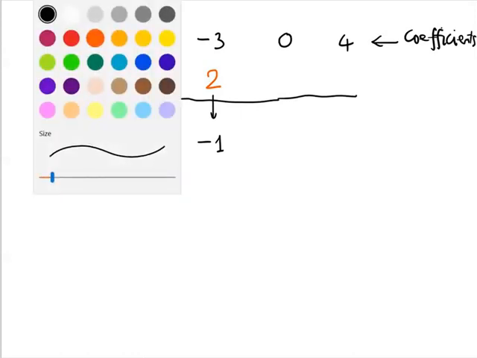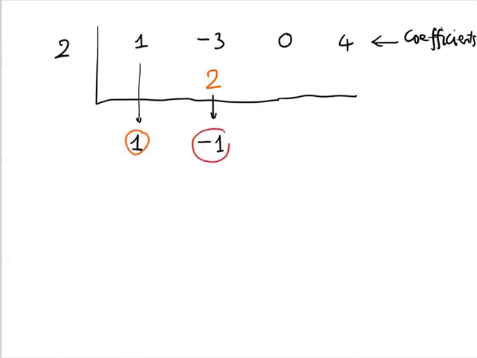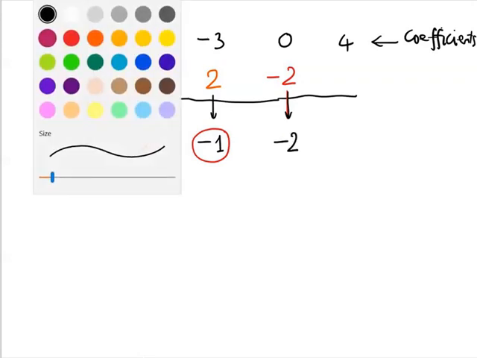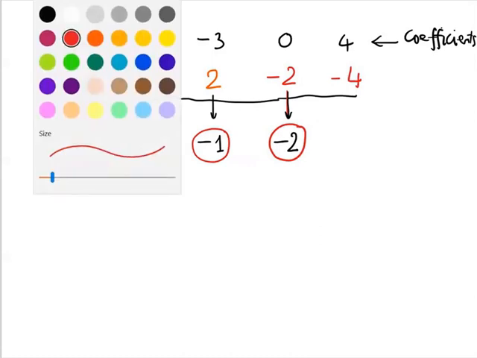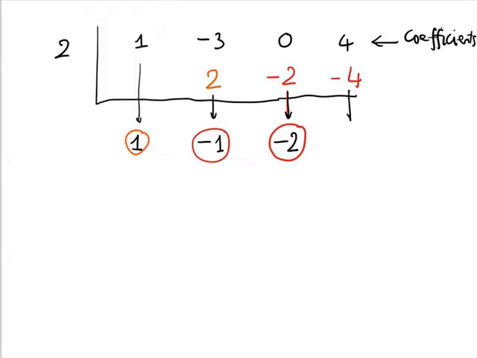Now continue. We use this number, -1 here, multiply by the root 2, we get -2, and then add vertically. -2 plus 0 gives us -2. Continue. -2 here times 2, we get -4, write it here, and then add vertically, we get 0.